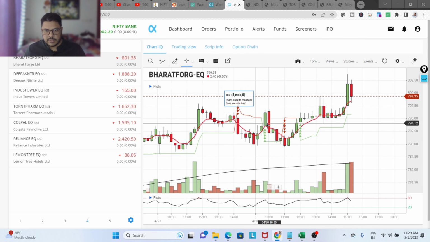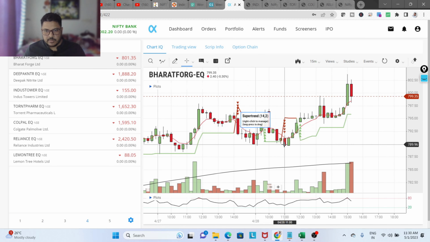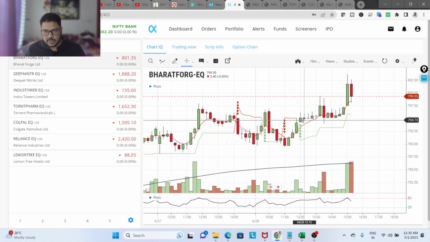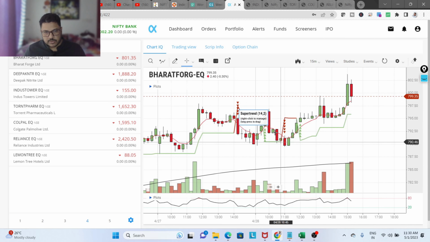You got an entry here. The next candle is when you take an entry at 793, but it went and broke the Super Trend. So your stop loss is hit here. You booked a loss of about 3 points, so 3 into whatever quantity. This gave you a false entry. Then you again wait. Again, it gave you an entry here, and then you were able to cover your loss. So these kinds of trades will also happen.